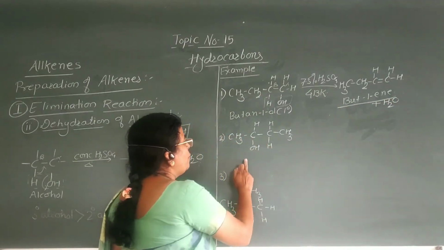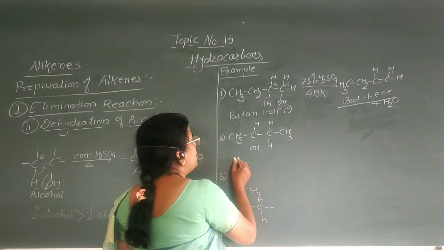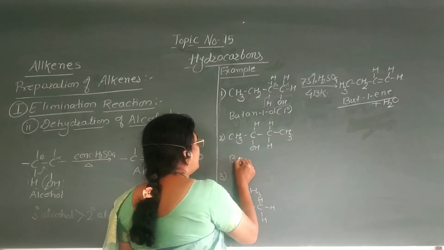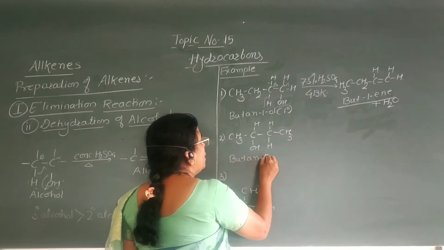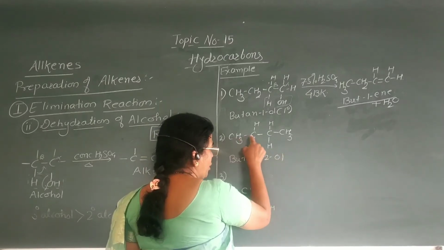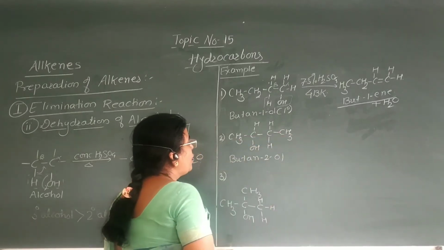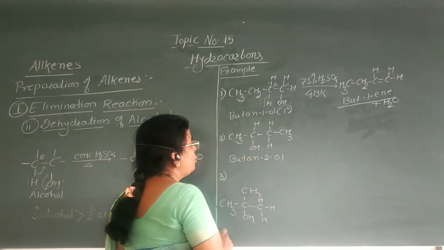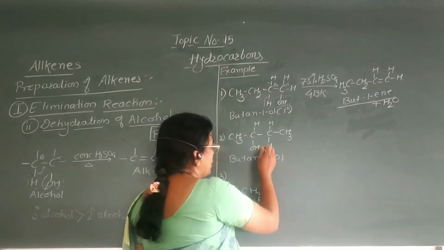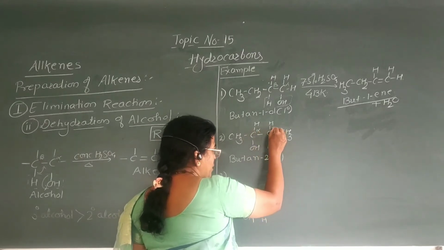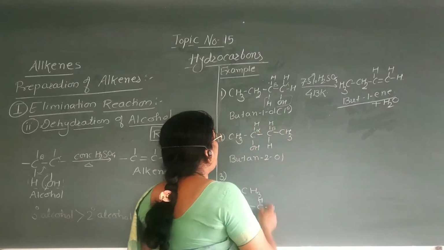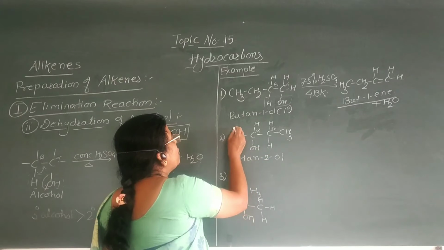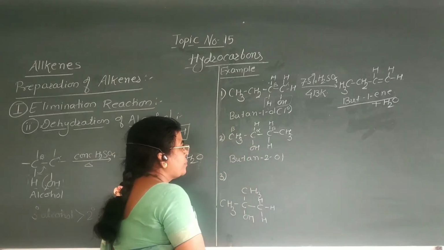Now in case of this example, this is butan-2-ol, 1 2 3 4. There are 4 carbon atoms, and at 2 position there is a hydroxy group, therefore it is butan-2-ol. Now this carbon atom is the alpha carbon atom, this is the beta carbon atom. Now here there is again one beta carbon atom.